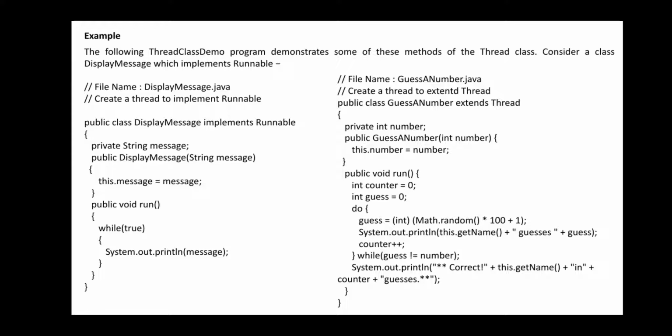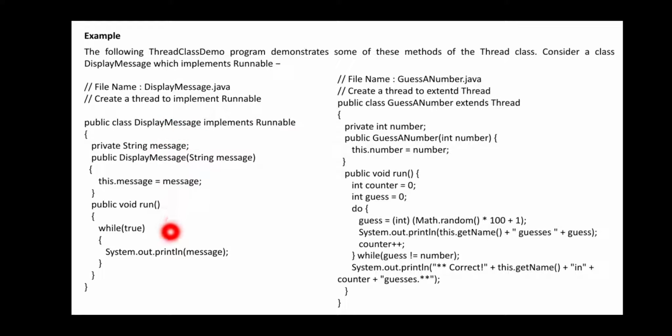Okay. So the following thread class demo program demonstrates some of these methods of a thread class. Consider a class DisplayMessage which implements Runnable.